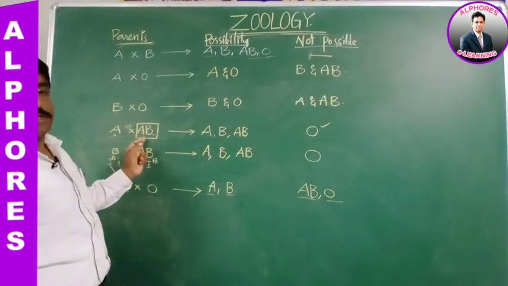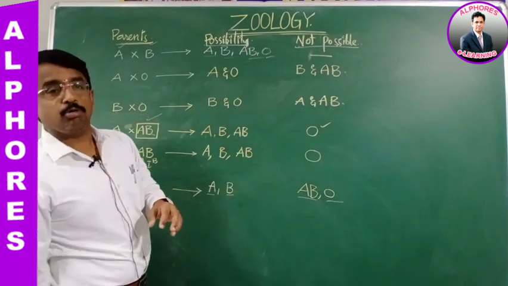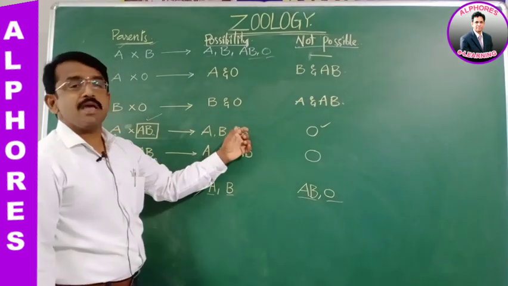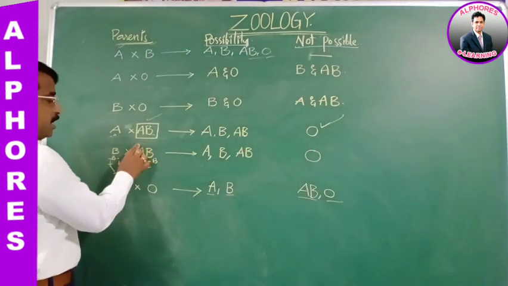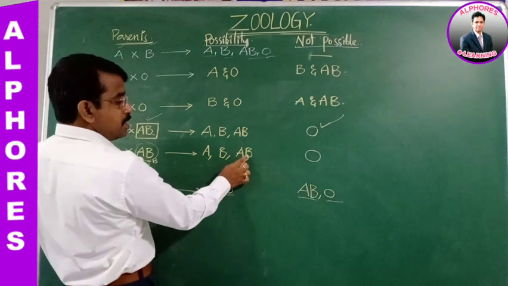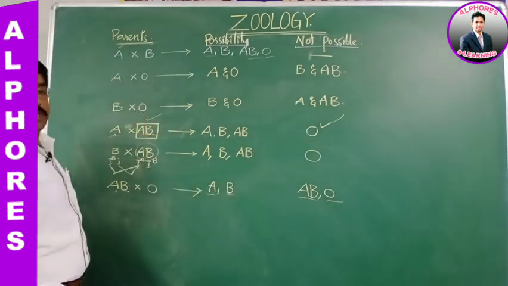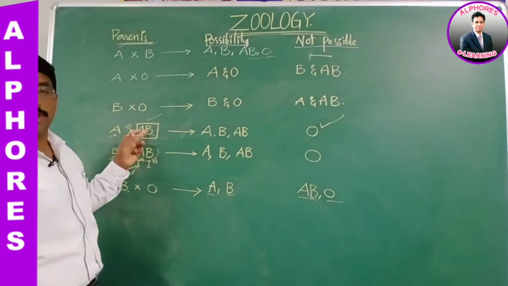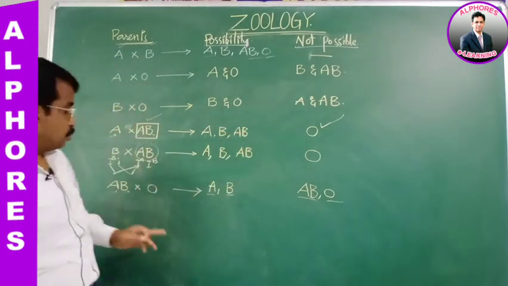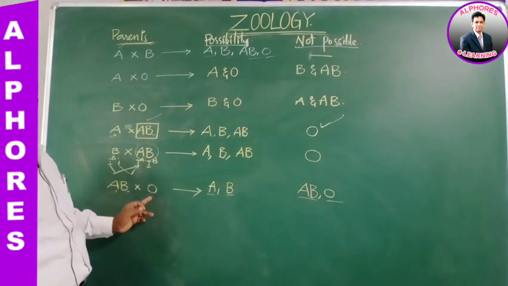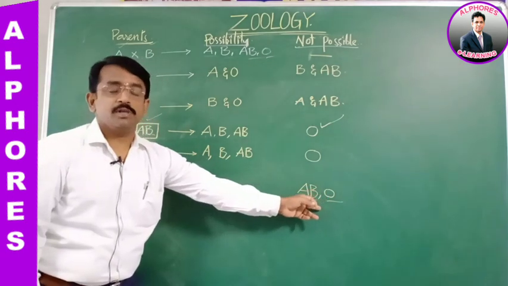If one of the parents is AB, the possible blood groups are A, B and AB, but there is no chance of O blood group. It indicates that if one of the parents is AB, the progeny have no possibility for O blood group. If the parents are AB and O, A and B are possible, AB and O are not possible.